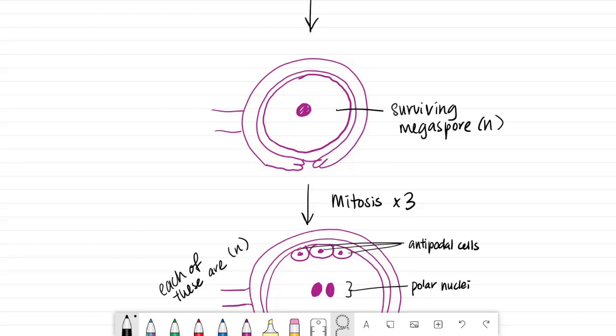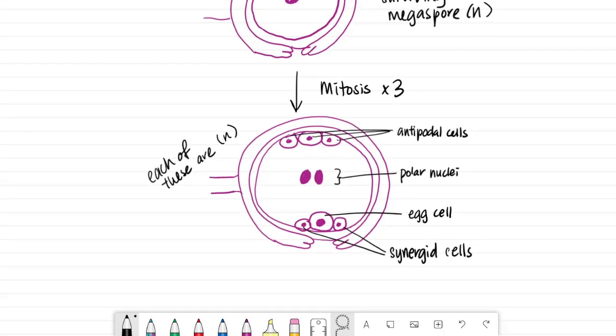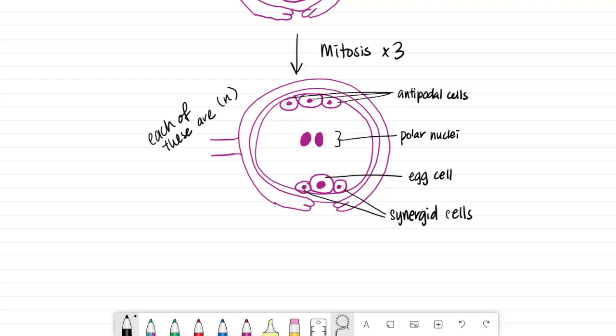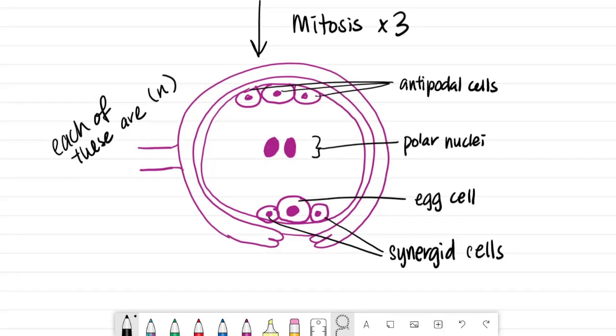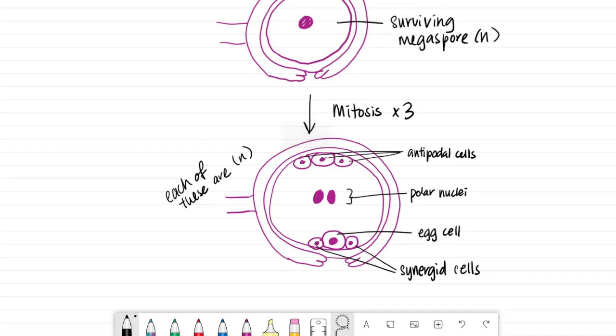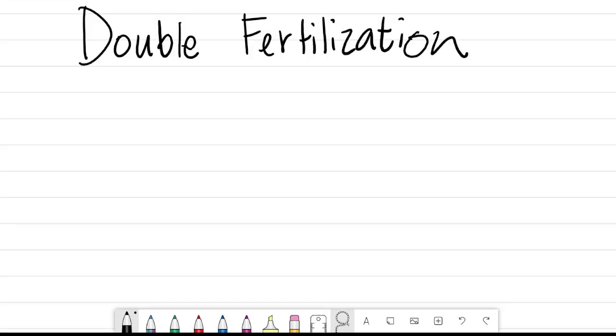You will be left with 1 surviving megaspore that will undergo 3 times mitosis, and the nucleus or the cells that are produced after that 3 times mitosis will migrate to different parts of the embryo sac and produce polar nuclei, egg cell, synergid cells, and antipodal cells. So that is it for the female part.